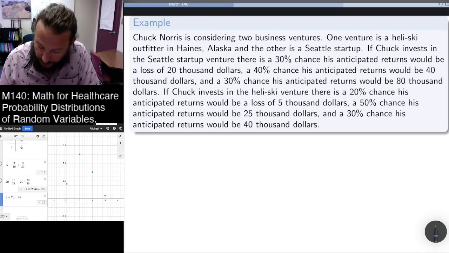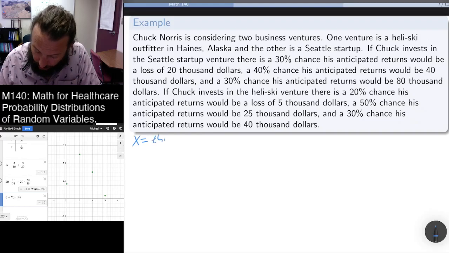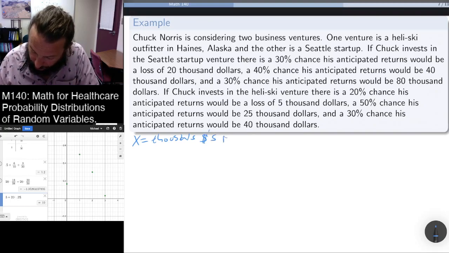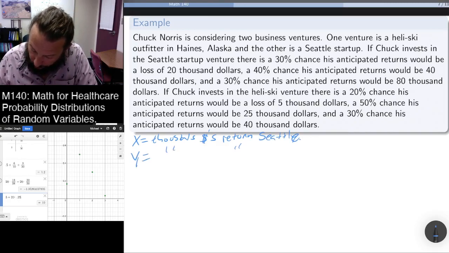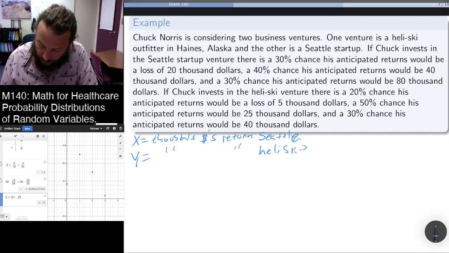All right, so let's let X equal thousands of dollars return from the Seattle adventure or startup, and we'll let Y equal the thousands of dollars in return for the heli ski. All right, and so let's see here.